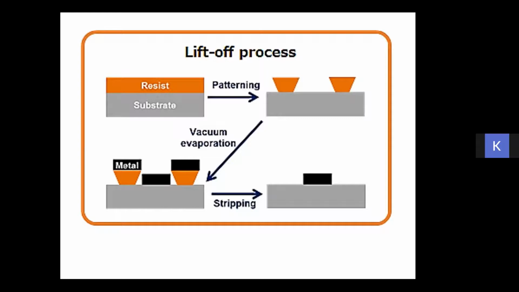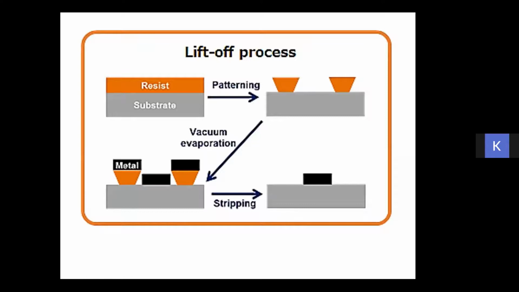You can see the third diagram here. You have metal on the resist, you have metal on the silicon also, but this is not a continuous thing. And that's why whenever you are dissolving the resist, the metal on top of it will move out, but the metal on top of the silicon will remain, and this is the good lift off.